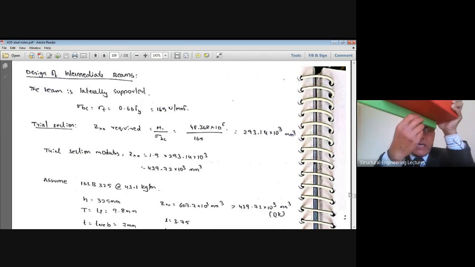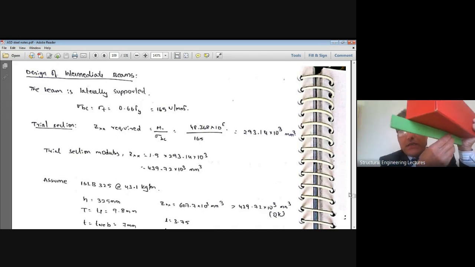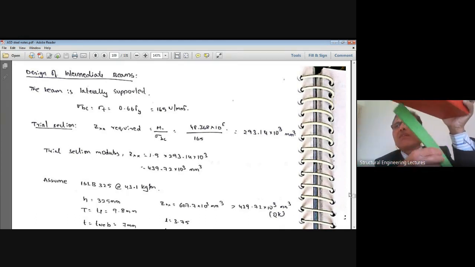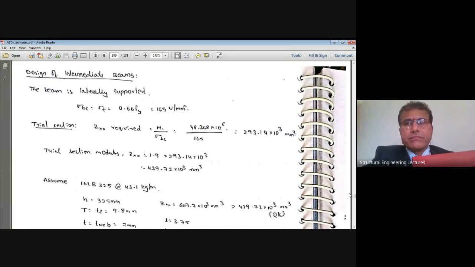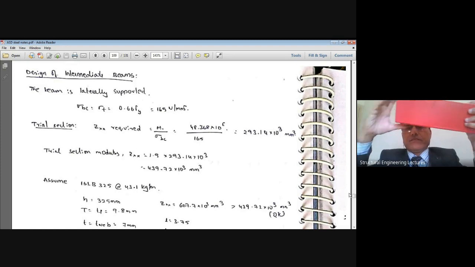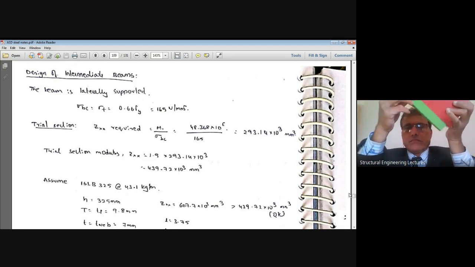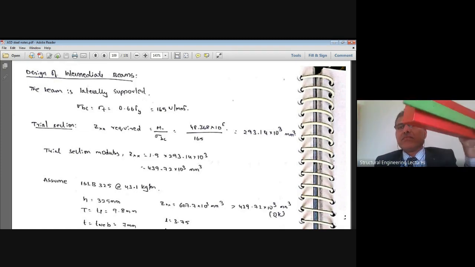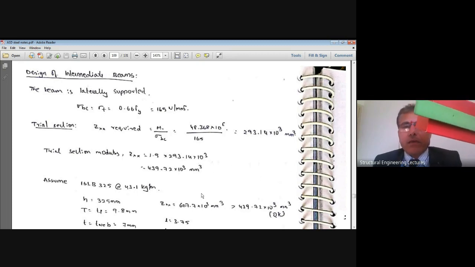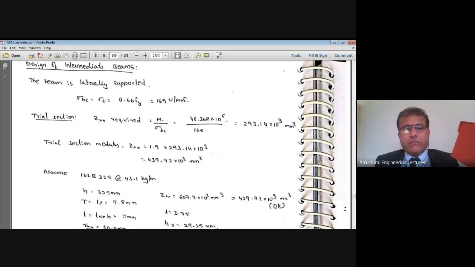bottom plate of this tank is supported on the longitudinal girders, right?